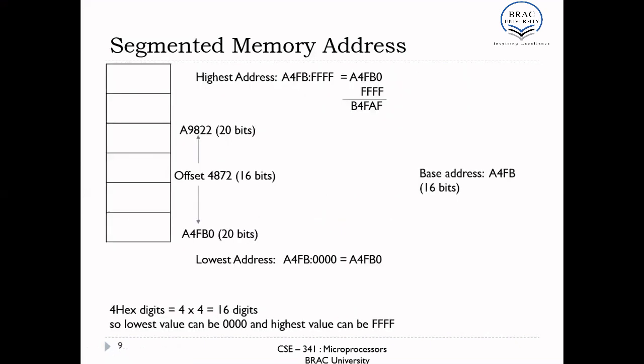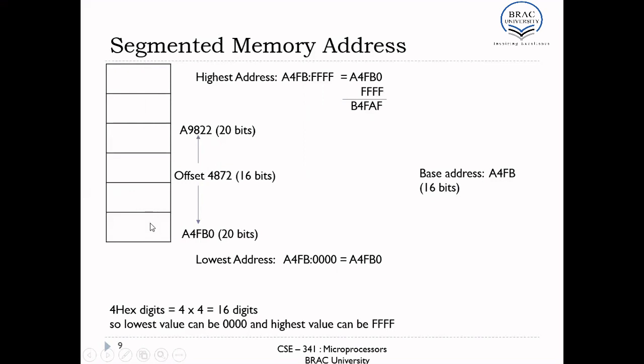Now get back to this figure. Let's just think the CPU wants to access this memory location for a read or write operation. But how can this location be accessed within this segment? For this segment, we already know the base address, that is of 16 bits, and the starting location, that is of 20 bits.